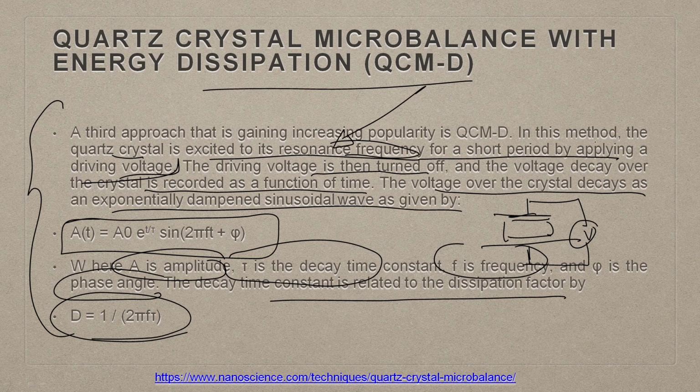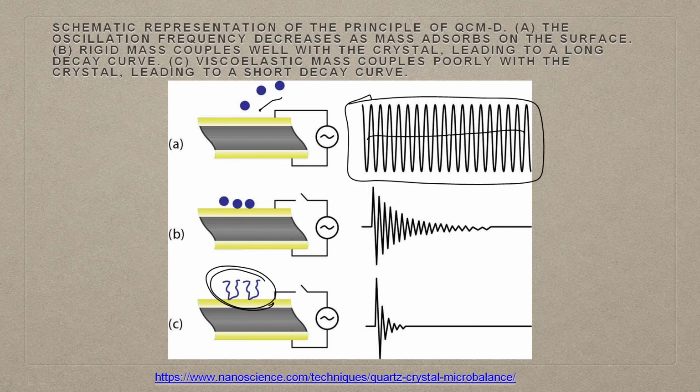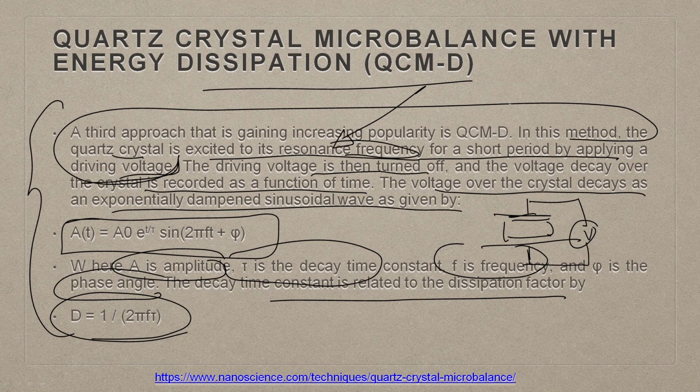In this method, the quartz crystal is excited to a resonant frequency for a short period by applying a driving voltage. Once again, I will go here. You apply a driving voltage across this and it is resonating. Now, the driving voltage is turned off, so you switch off the voltage.